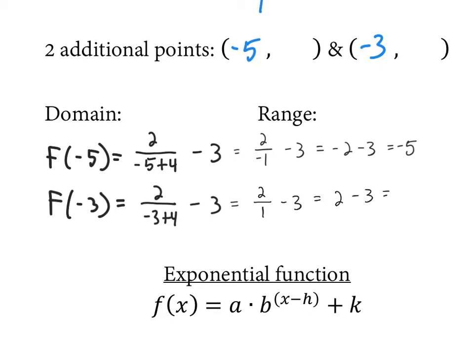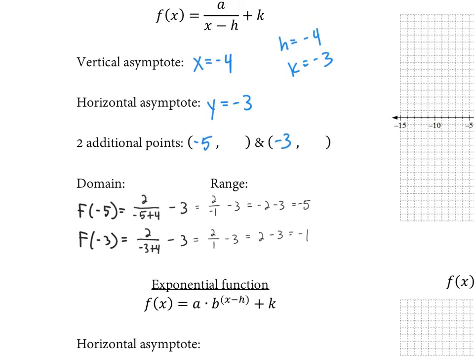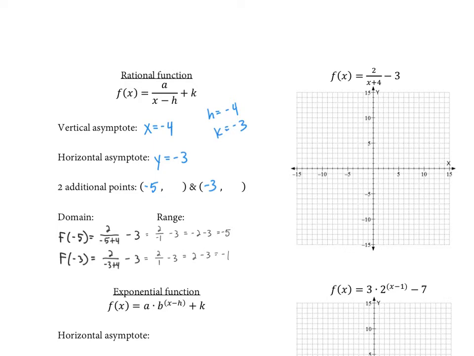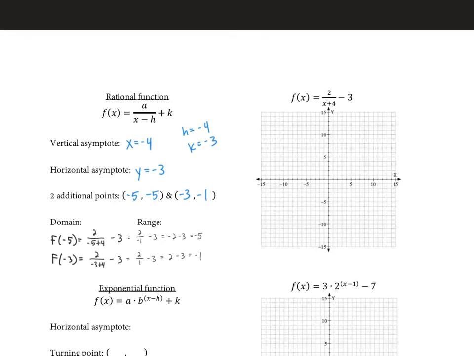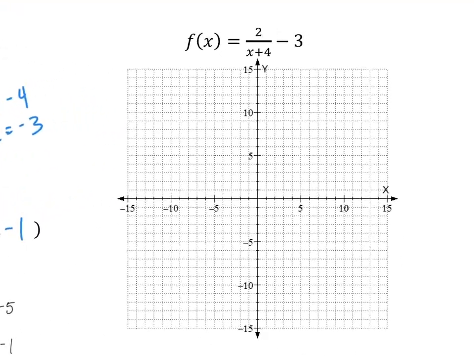And then 2 minus 3 is negative 1. Okay, so plug in negative 5, you get negative 5. Plug in negative 3, you get negative 1. Okay, so let's do asymptotes first. So x equals negative 4.